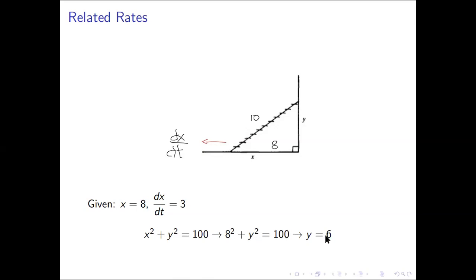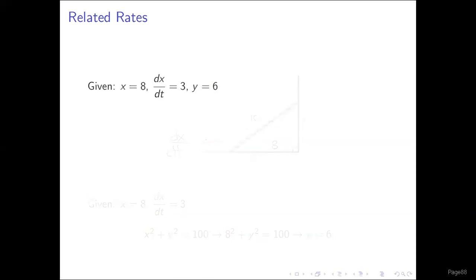So now that we have all we need, we can solve for dy/dt. Again, we have x equals 8, dx/dt equals 3, y equals 6. So dy/dt is, from the previous line, negative x over y times dx/dt. So just substitute those given and found values, and simplify.